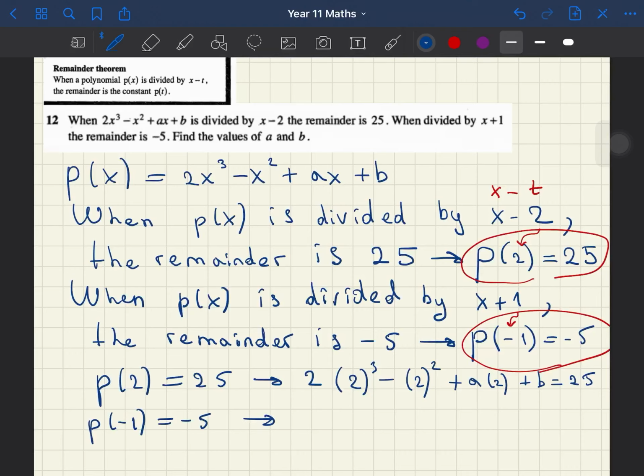And then if it's minus 1, it's 2 times minus 1 cubed minus minus 1 squared plus a times minus 1 plus b is equal to minus 5.